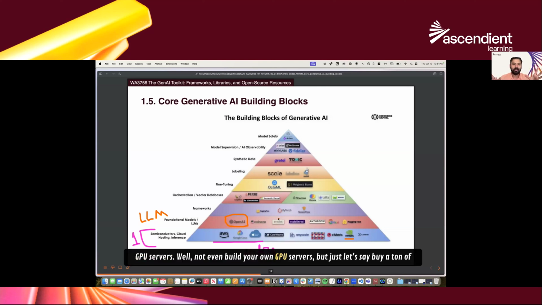Well, not even build your own GPU servers, but just buy a ton of GPU space. Even if I'm going to put it on the cloud, which allows for horizontal scaling, you might still not want to start off by provisioning all of your own resources just to be able to say hello world, so to speak.